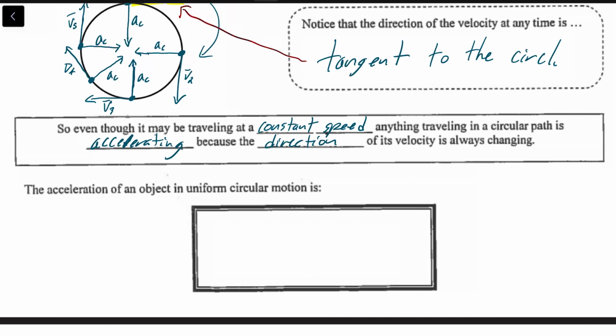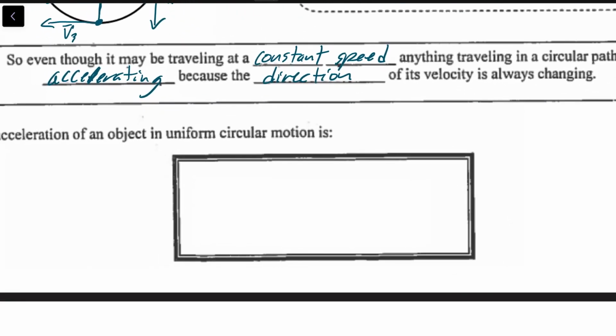So, how do we calculate this acceleration? Well, there are two formulas we can come up with. The first one is v squared over r. So if you want to find centripetal acceleration, v squared over r.